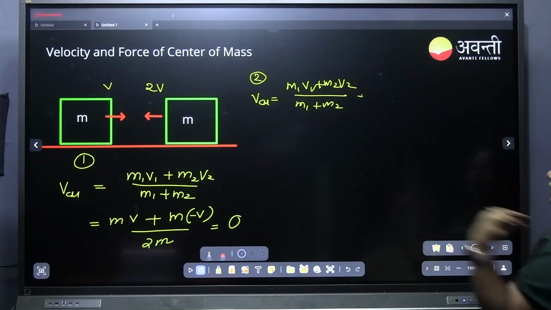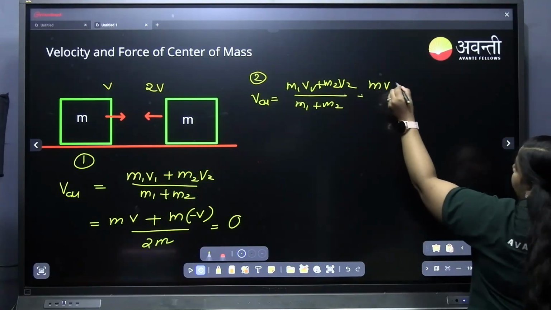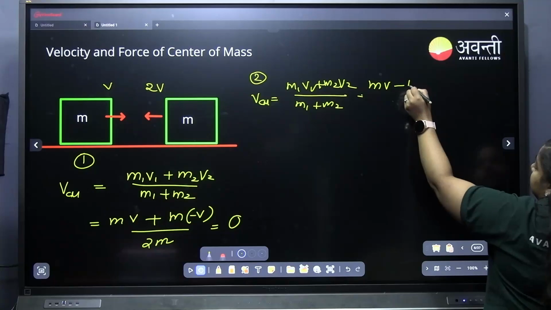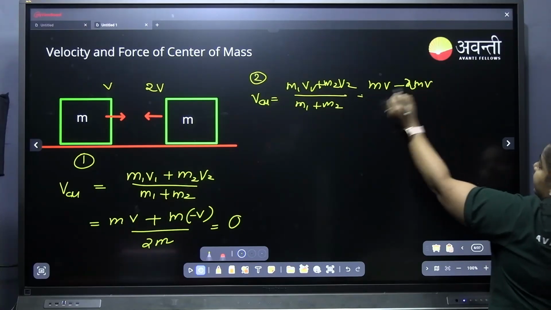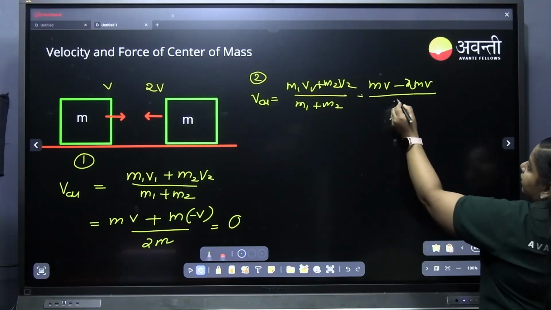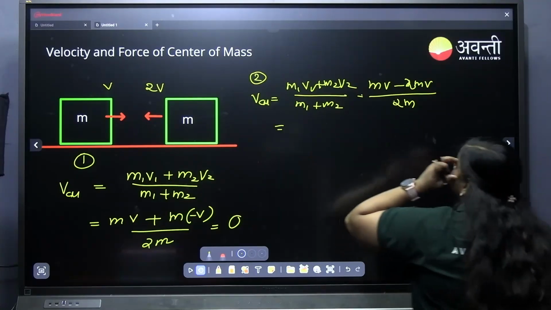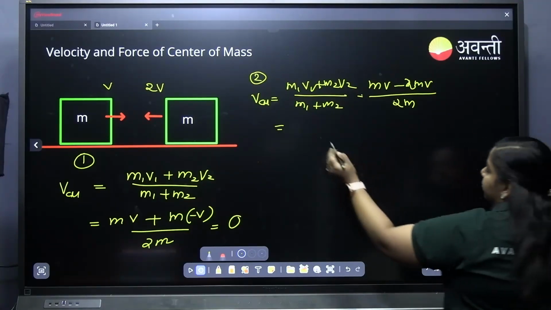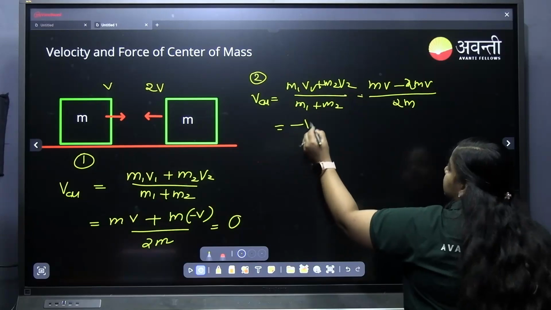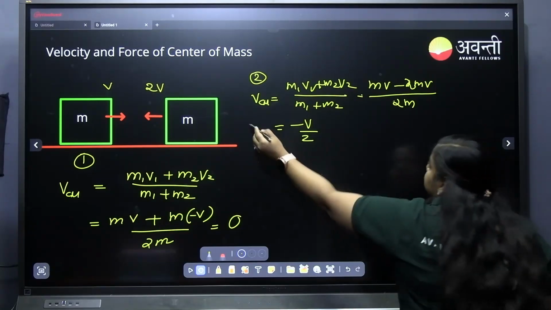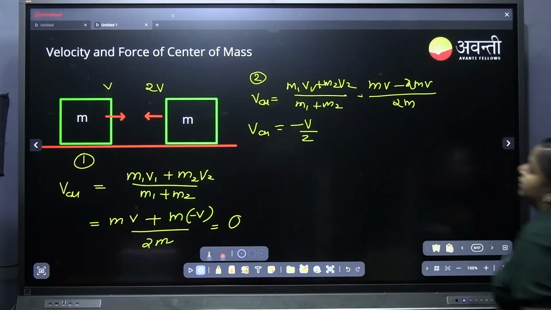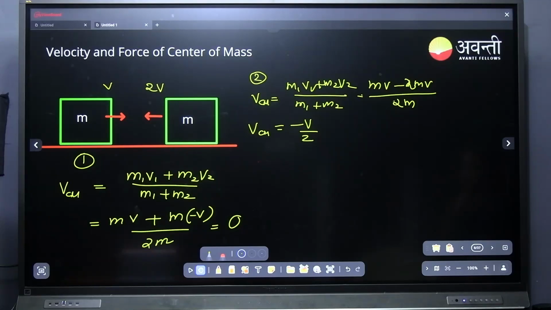We can see that m1 is m, v minus 2mv, divided by 2m. So here you will get minus mv by 2m, that is minus v by 2. This will be the velocity of center of mass. Is there any doubt in this?